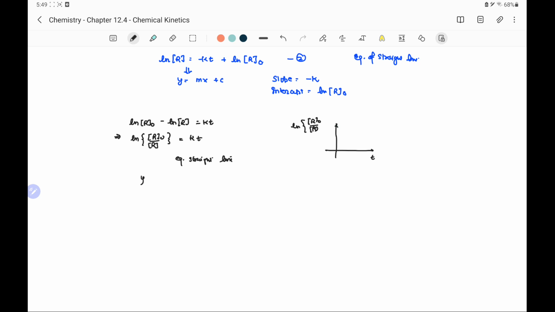Comparing with the standard equation of the straight line, y equal to mx plus c, we will see that the slope of the line will be equal to k and the intercept is 0. That means the line passes through the origin. So the graph will be an inclined line passing through the origin.